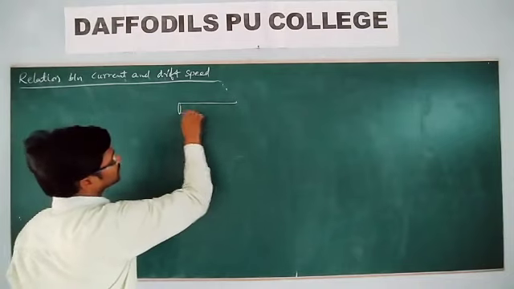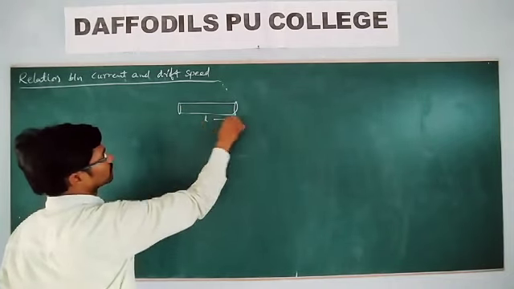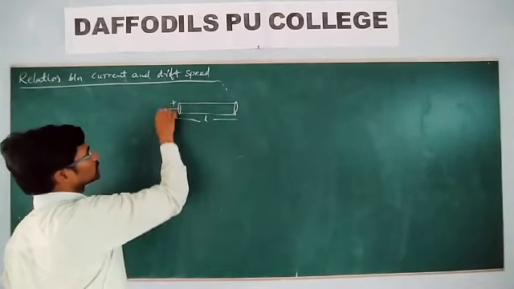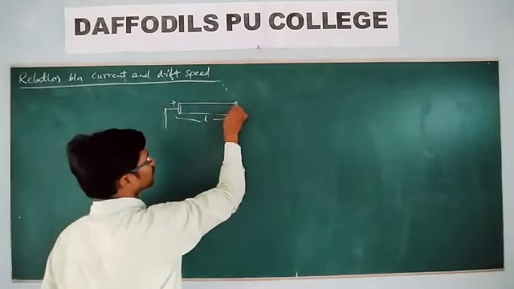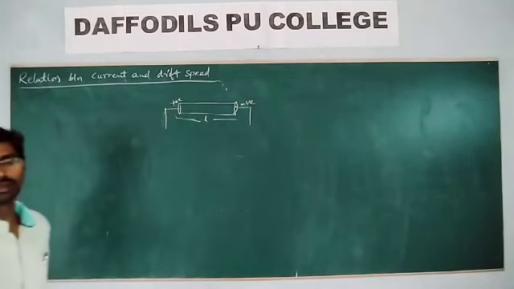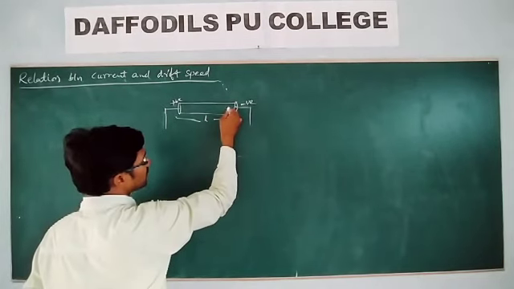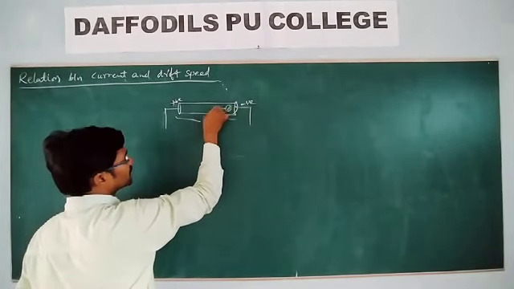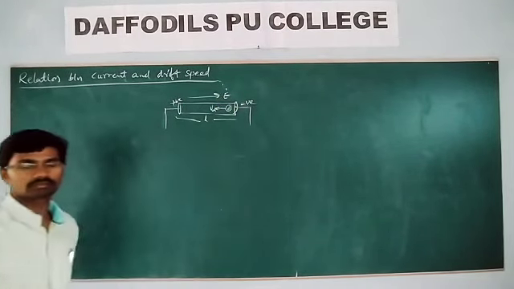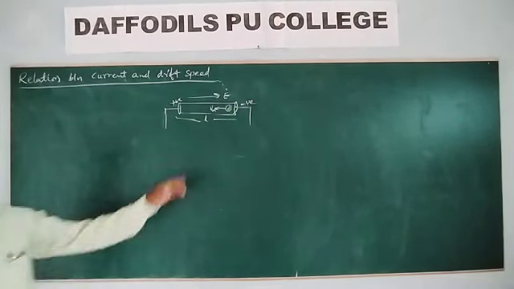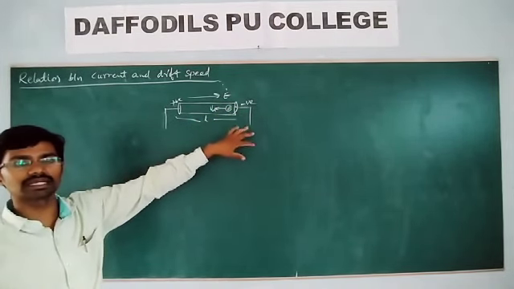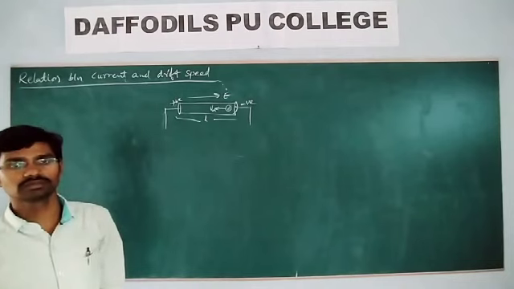Consider a metallic conductor of length L. At one end, the positive terminal is connected, and at the other end, the negative terminal is connected. Now, what happens? The electrons will drift in the direction opposite to the direction of the electric field E. A large number of electrons will be there in the metallic conductor.